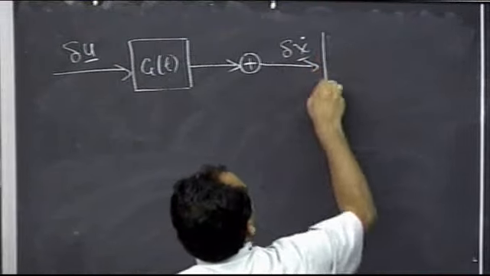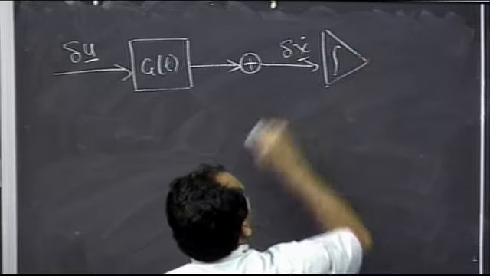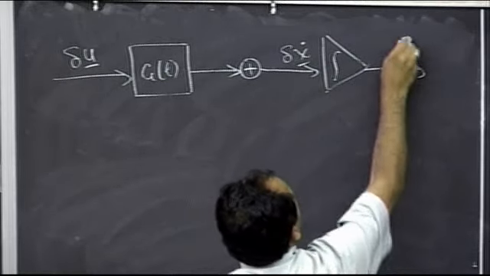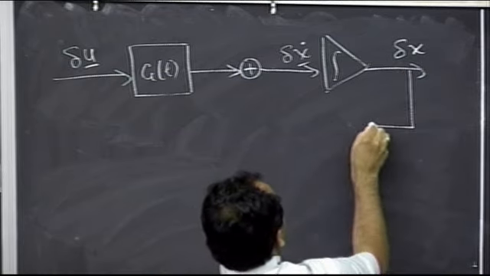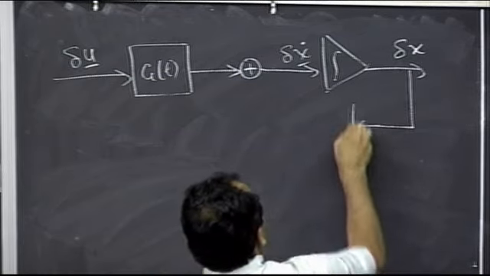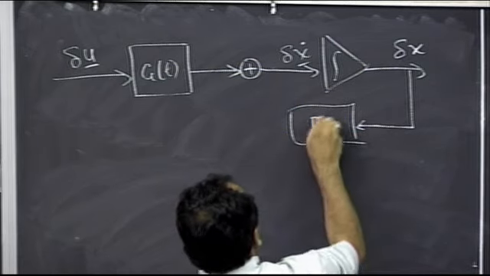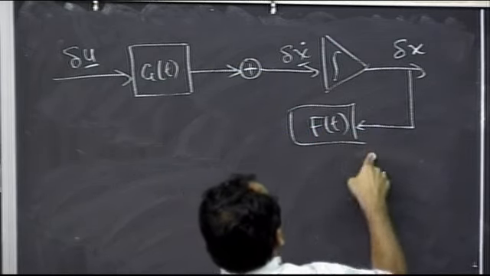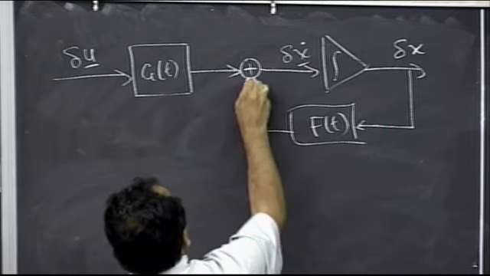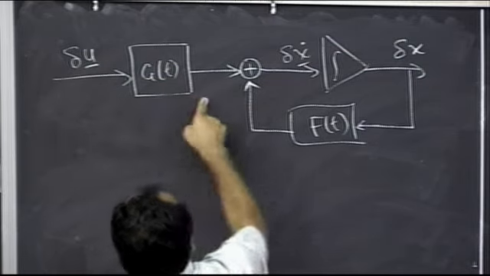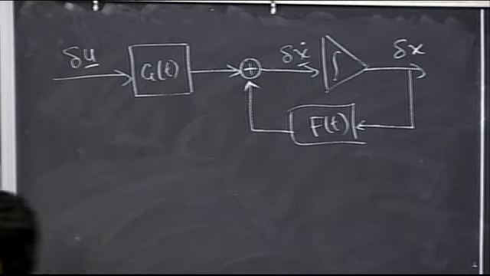And then I'm going to pass that through an integrator, which is going to give me delta x. In order to be able to generate delta x dot, I need an input of f of t times delta x plus g of t times delta u, right? Those are my linearized dynamics. I integrate that once, I get delta x.